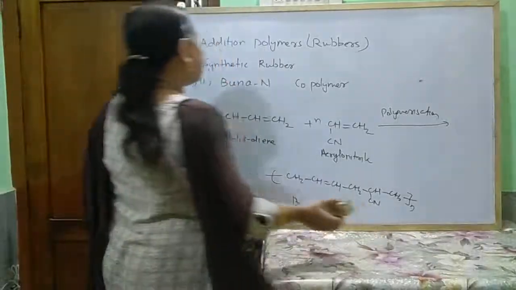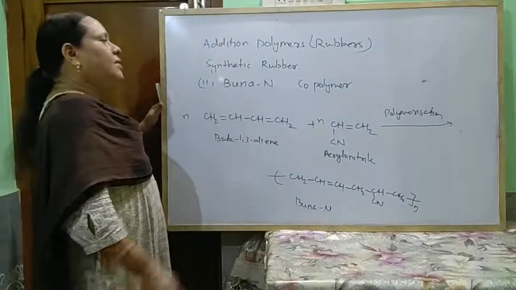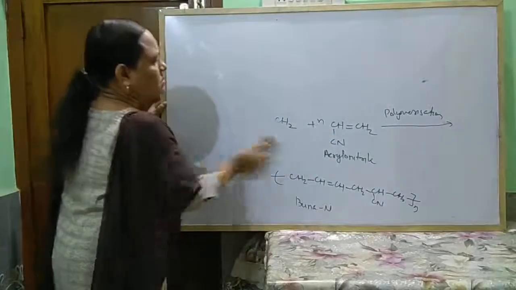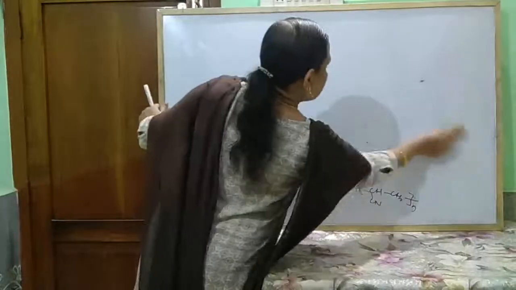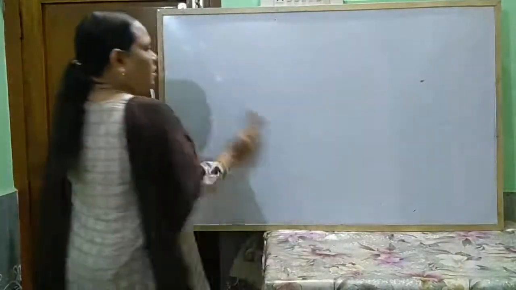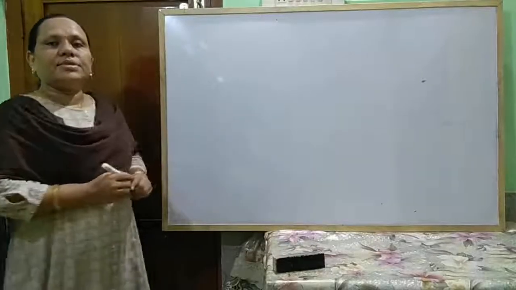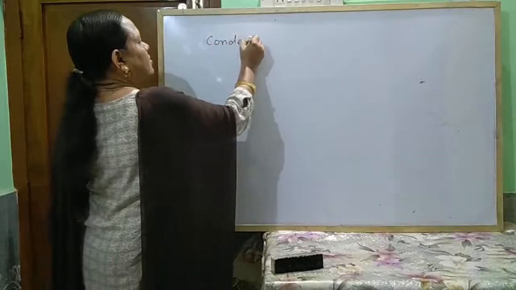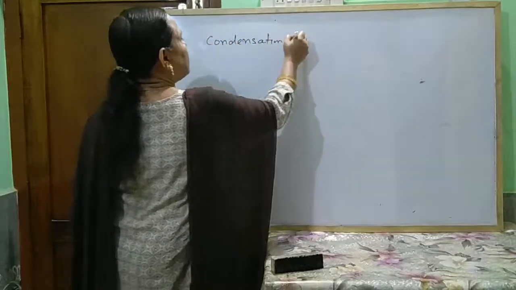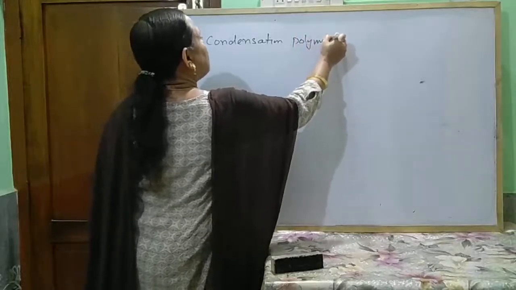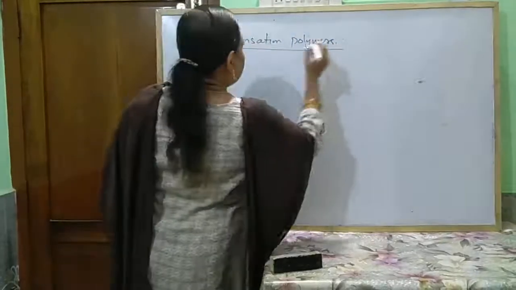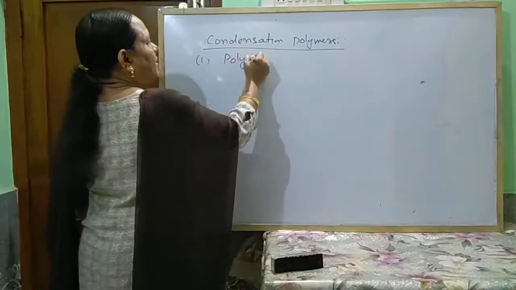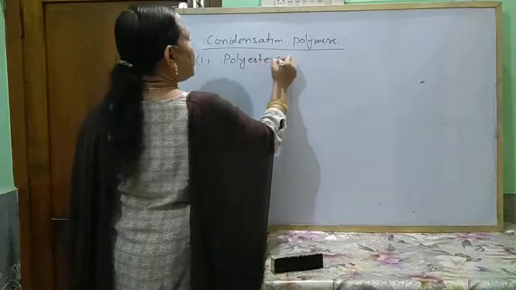Next we come to another type of polymer that are known as condensation polymers. Next we come to examples of some condensation polymers. First we come to polyesters.